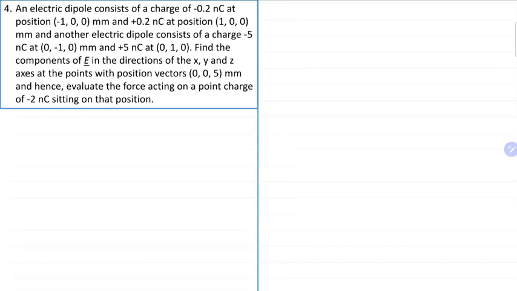Normally I will try to draw out the scenario to help visualize the problem. So if I draw my x, y and z axis.